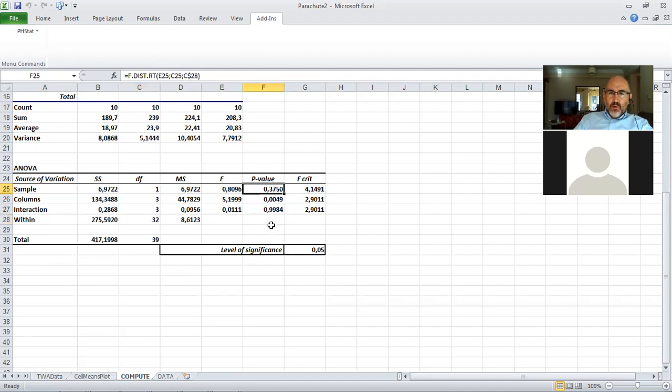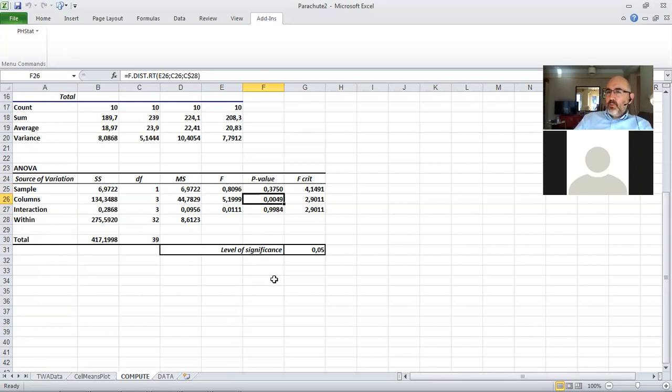And now when we look at the effects, the p-values, what we see here is that the type of loom has no effect on the strength. So this is rejected, p-value of 0.37. So if we use an alpha level of 0.05, we conclude there is no effect due to type of loom. Type of supplier still has an effect.